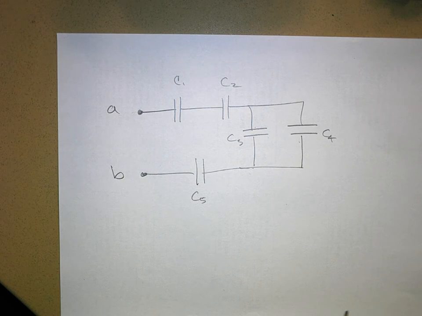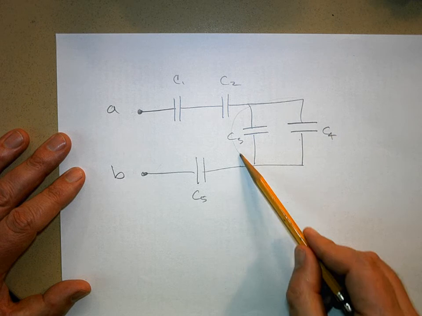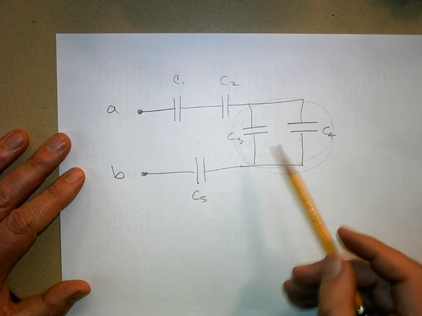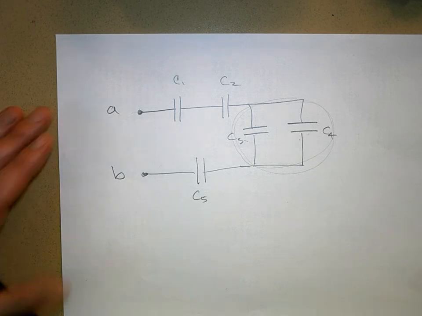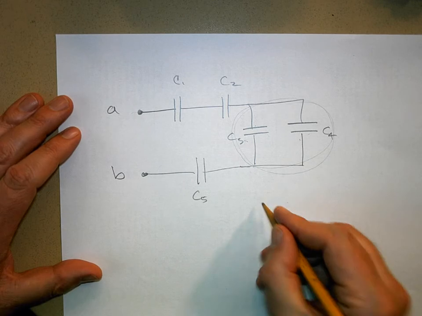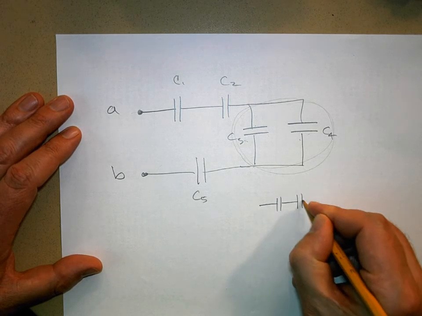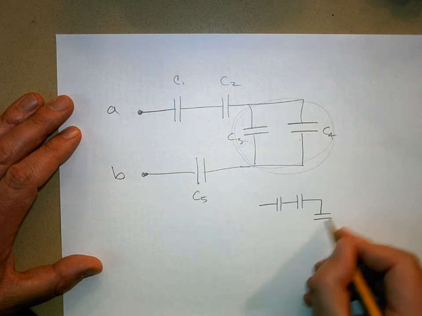All of them parallel. Yeah, these two are in parallel. So I would go, all right, I can combine these just by doing what? By adding them. Now, here's what I would do. I would say, okay, well, now we've got C1, C2, and then I'll go down here and say, oh, this is C3, comma 4.